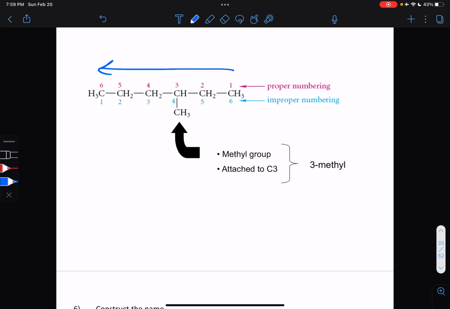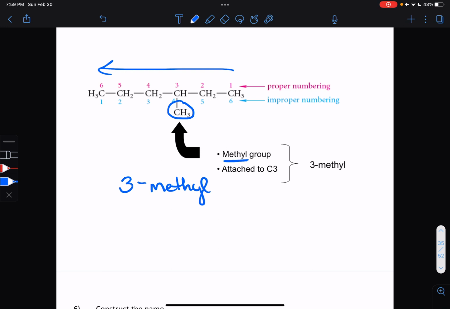So we identified that that horizontal carbon chain was the longest continuous carbon chain possible, and that we have one branch right here, one thing that would have replaced a hydrogen on that carbon number 3, and it is called methyl. So, where is our branch located? Well, it's on carbon number 3. What is our branch? It's methyl.